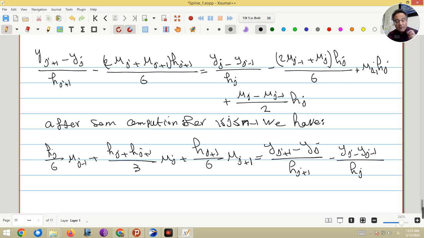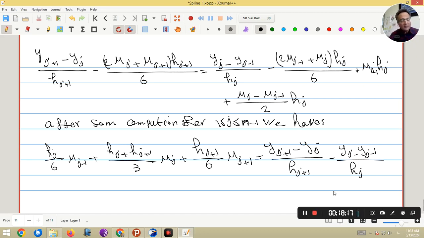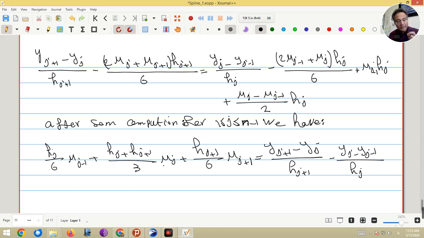So if I consider j equal to 1, I will get, I don't mention the coefficients, just the unknown variables. If j is equal to 1, I have m0, m1, m2. Okay, if I consider j equal to 2, I have m1, m2, m3, and so on.